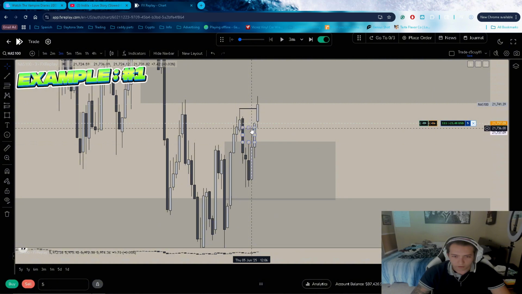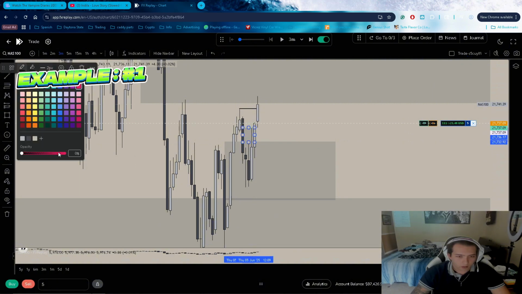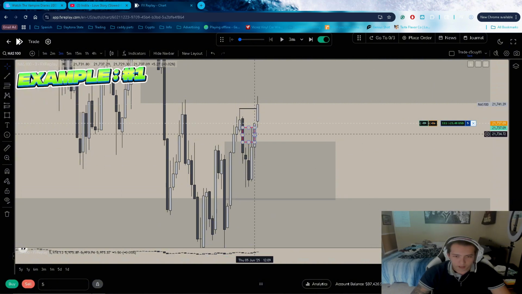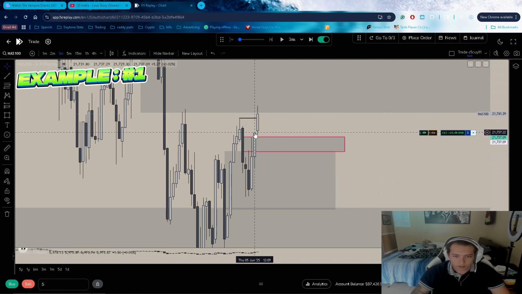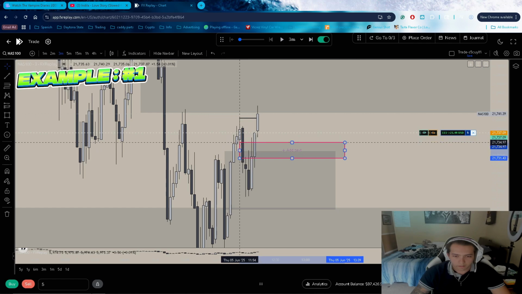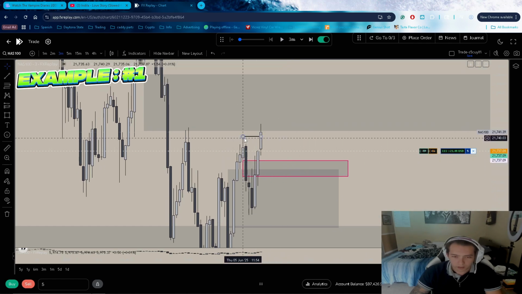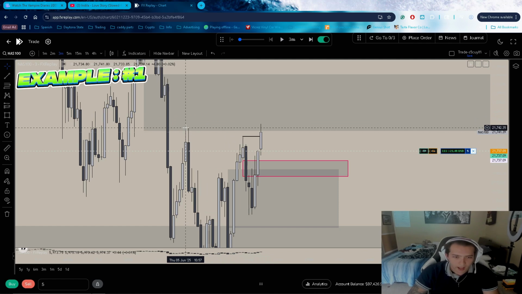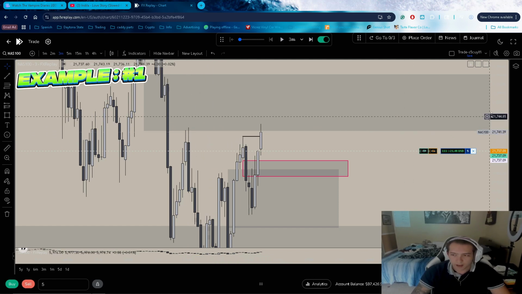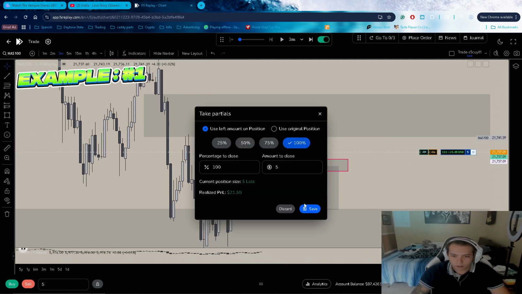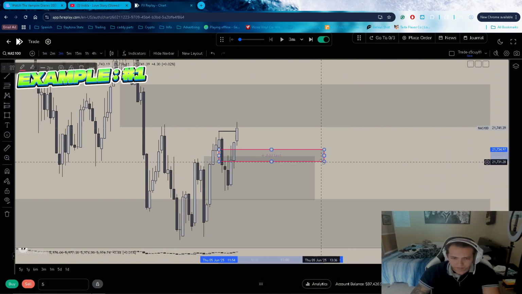So right here, manipulation leg got inversed. Take longs at the inversion, break even at this internal high, and take profit at the sweep of this high inside this fair value gap. Very simple trade, very easy.